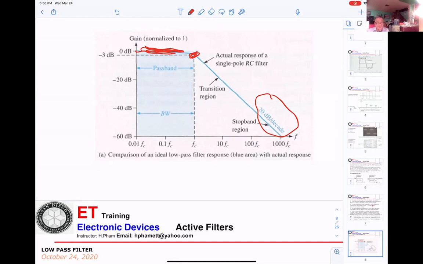You pay more, you can get much better voice and everything, okay? Also, remember, the bandwidth of the low-pass filter is counted from 0 hertz. That means the DC to cutoff FC, okay?